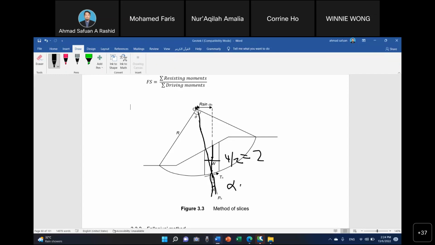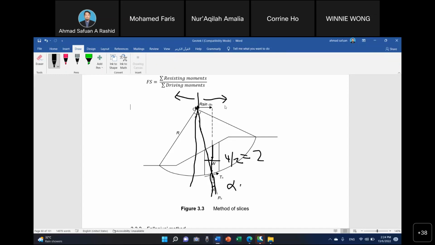As I mentioned previously, let's say this is the center, the origin.